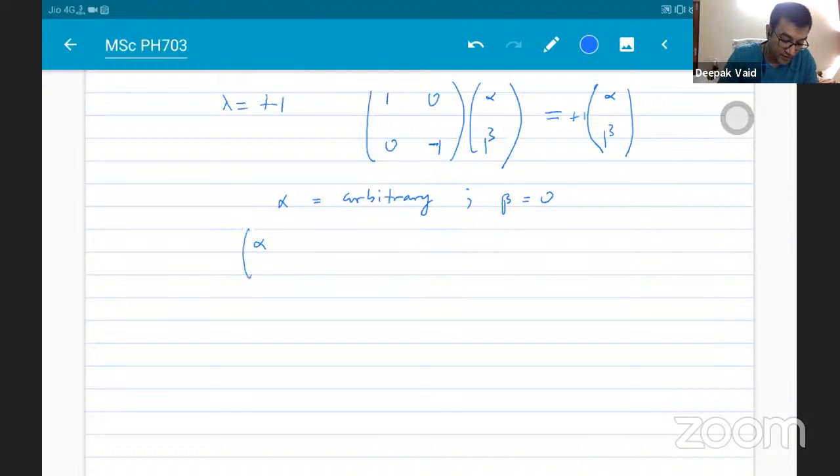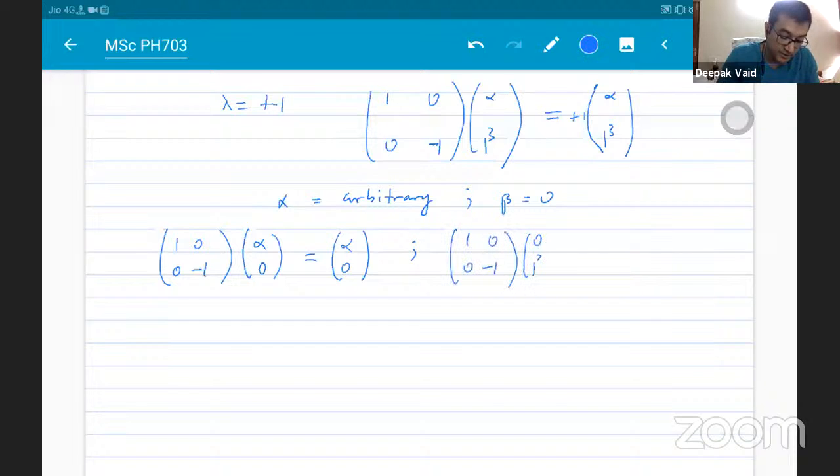So if I have alpha 0, then 1, 0, 0 minus 1, what will this give me? This will give me alpha 0. Similarly, if I take 1, 0, 0 minus 1 and 0 beta, what will that give me? It will give me minus 0 times beta.